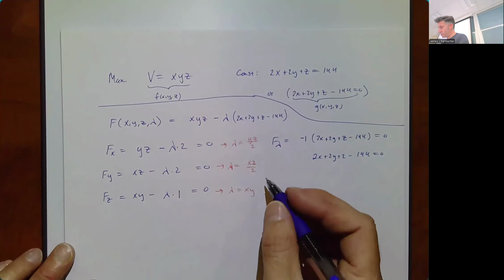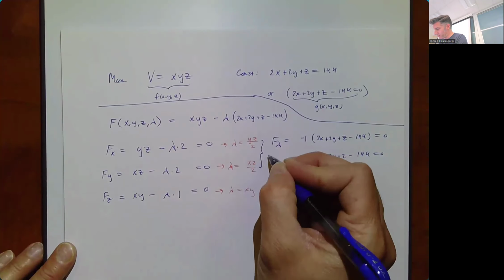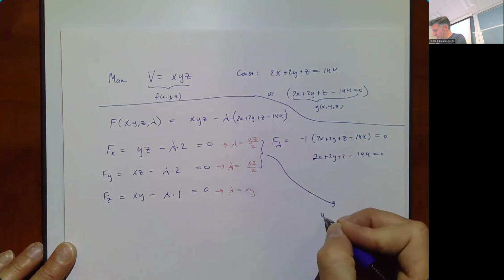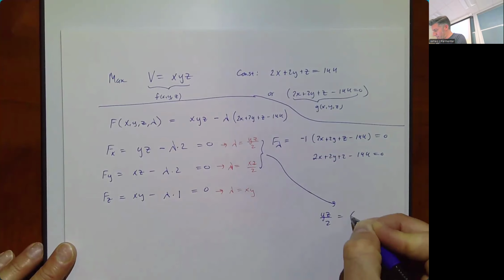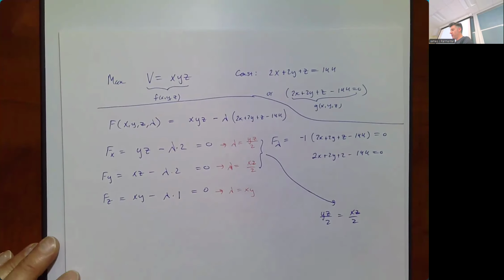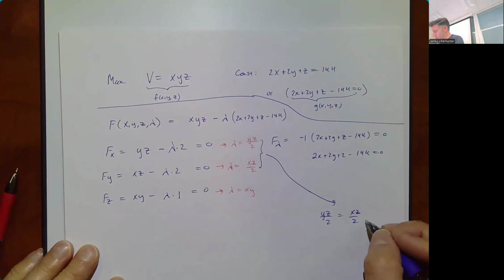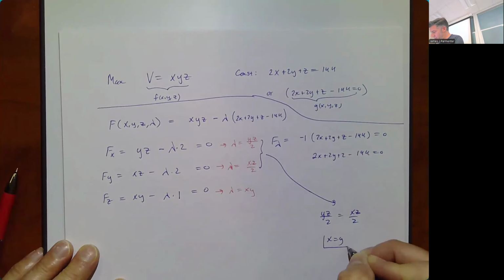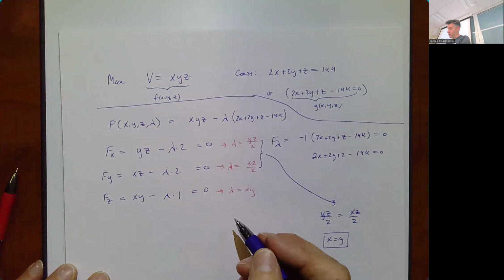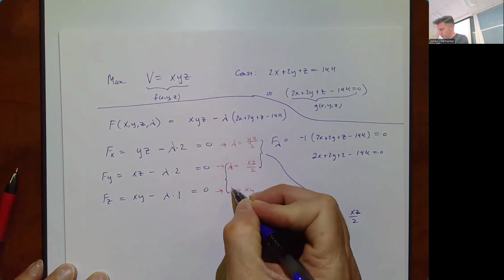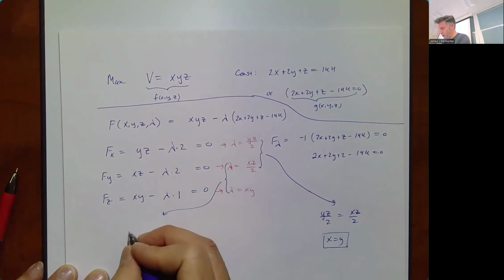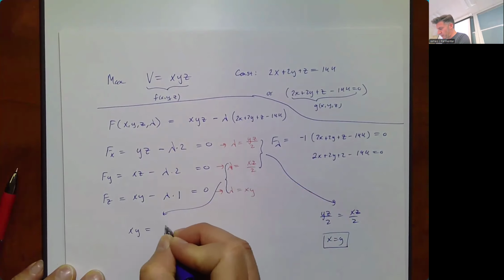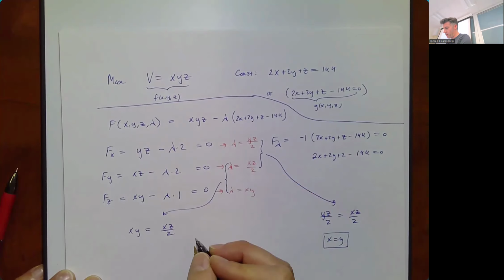So if I set the first two equal to each other, I'm going to get yz over 2 equal to xz over 2. If we multiply both sides by 2 and divide both sides by z, we end up getting x equal to y. And then if we pick a different two, like these two equal to each other, we're going to get xy equal to xz over 2.